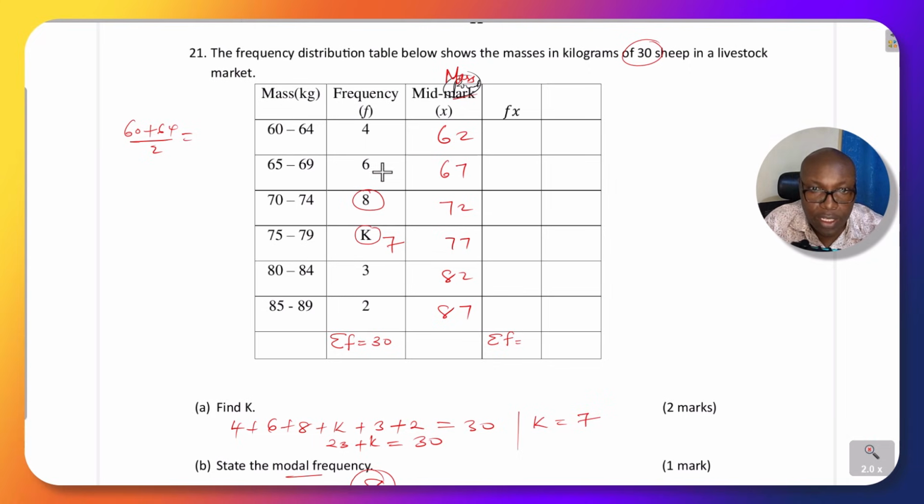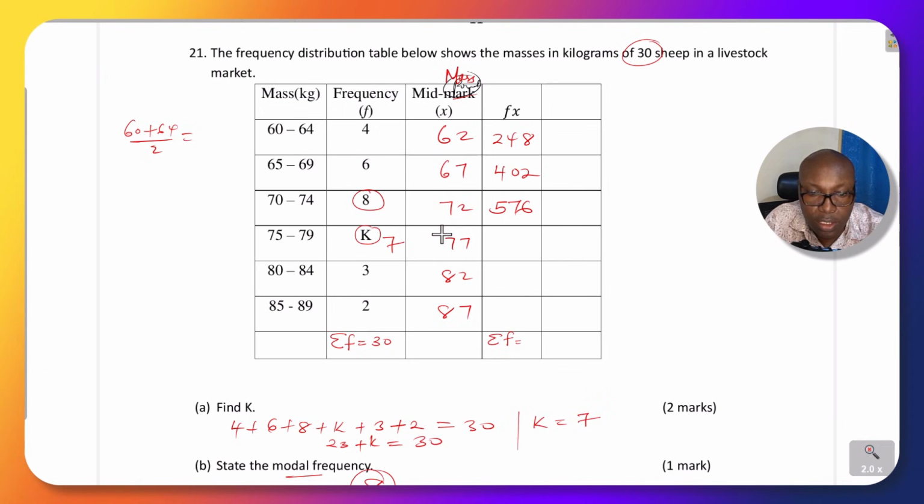Then fx. The first one will be 4 multiplied by 62, that will be 248. Then the next is 6 multiplied by 67, that should give 402. 8 multiplied by 72 should give 576.